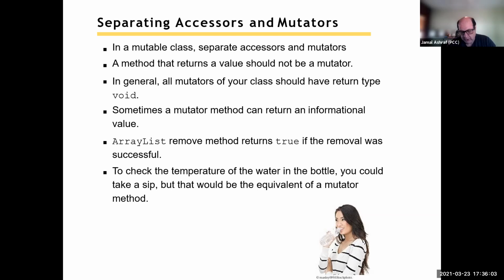That is not something that we are all going to be doing. So the goal is our mutators are not going to return anything. Our accessors are going to return something. Our accessors are not going to change anything inside our class. Our mutators are not going to return anything. So that's the general rule. Are we okay before we move on? Yes.